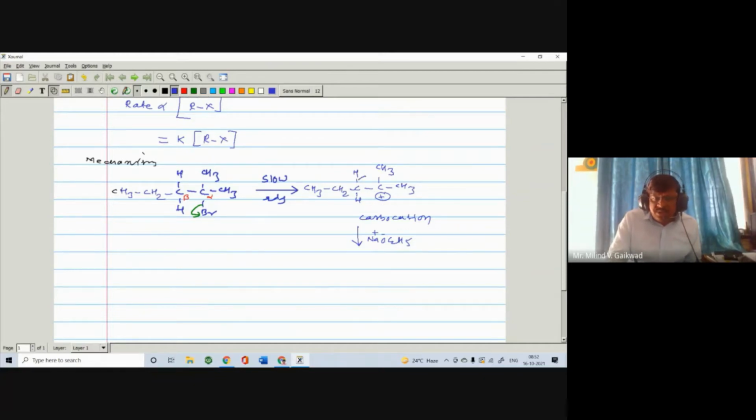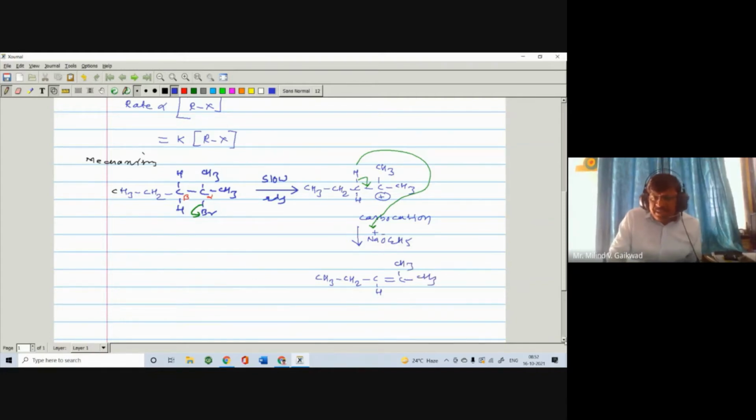So this H positive is abstracted by the base. And you are getting the corresponding product, that is CH3, CH2, CH double bond, CH3 and CH3.